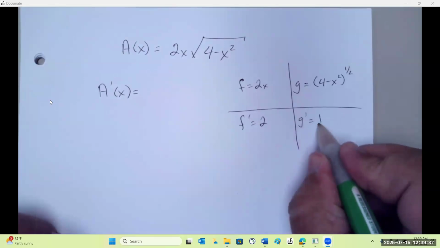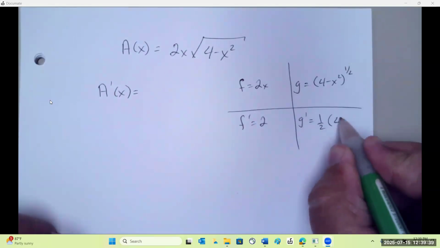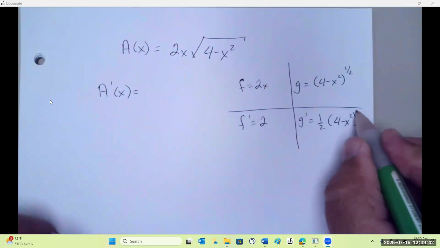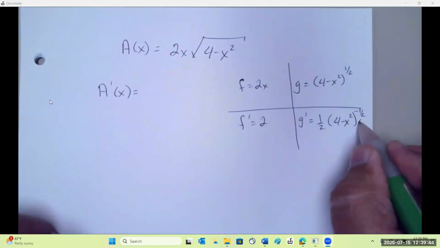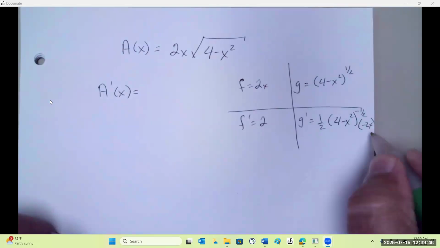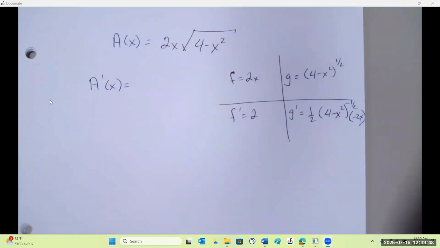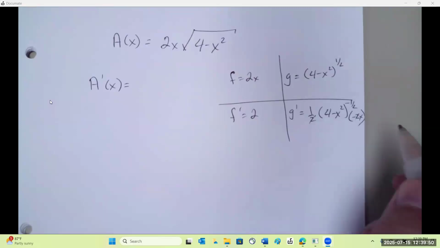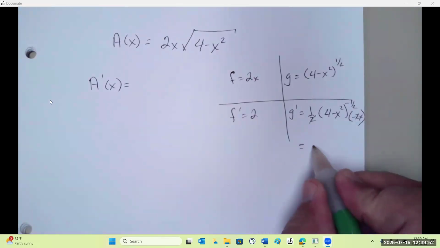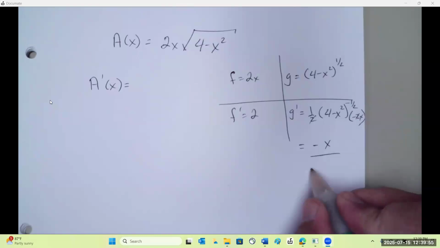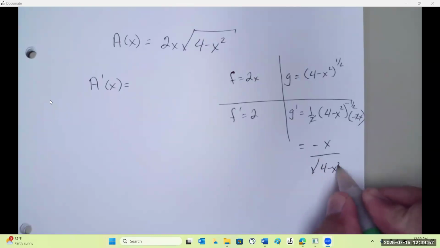G prime is 1/2 times 4 minus x squared to the negative 1/2 times negative 2x. The 2's cancel. So we got negative x over the square root of 4 minus x squared.